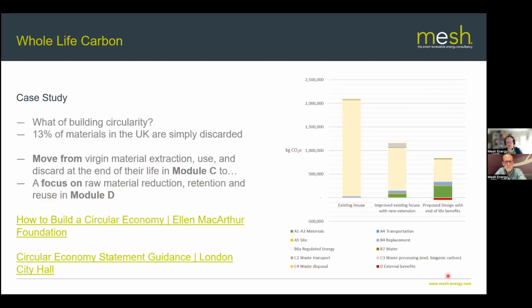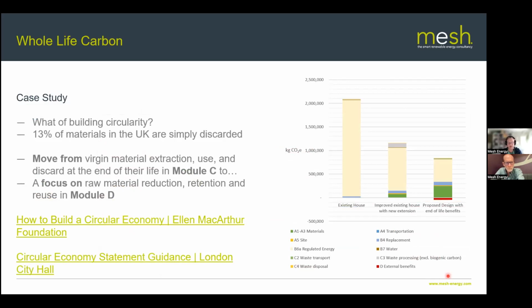So, what about building circularity? It's always interesting to know that 13% of materials in the UK are simply discarded. So landfill, incineration, that go to no use whatsoever. So when you start hearing about building circularity, the idea is to move from extracting raw material and then just discarding it.